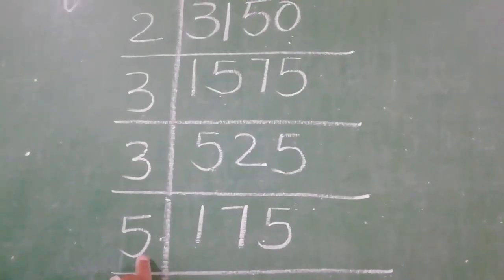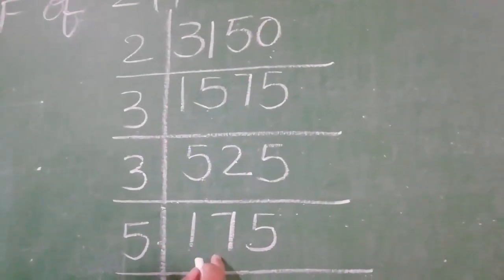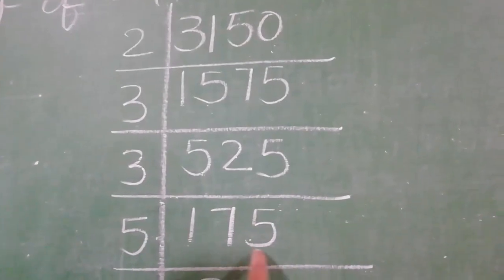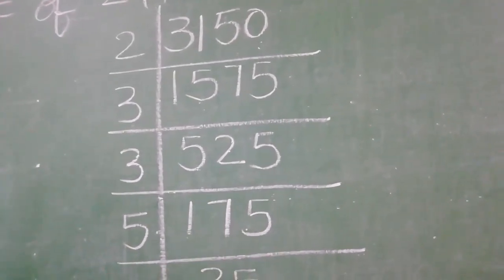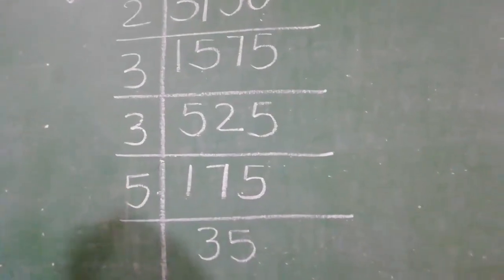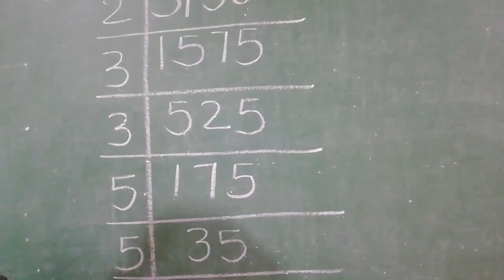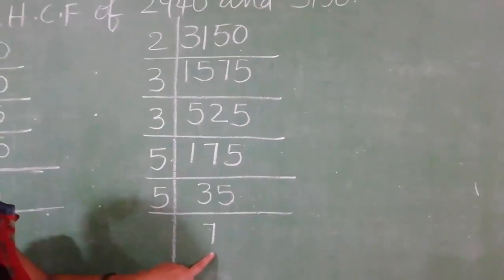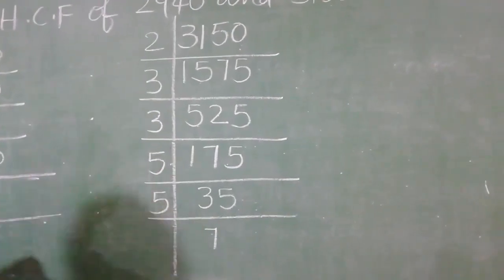Take two digits: 5 twos are 10. 5 threes are 15. 17 minus 15, 2. 2 5, 25. 5 fives are 25. So the number 35 is divisible by 5. Yes. Take 5. 5 sevens are 35. Now, 7 is which type of number? A prime number. So when doing the division, when a prime number comes, stop the division.